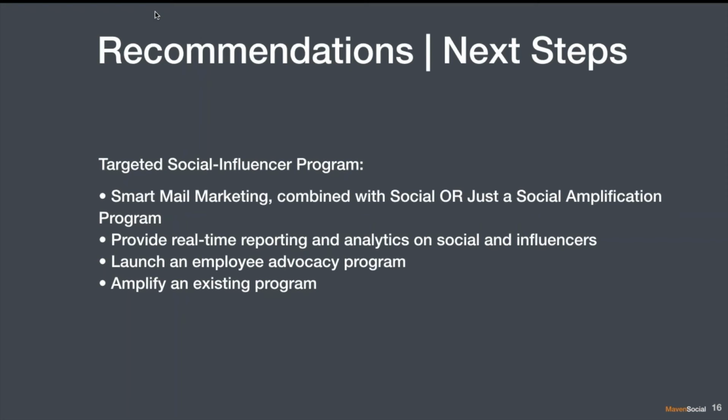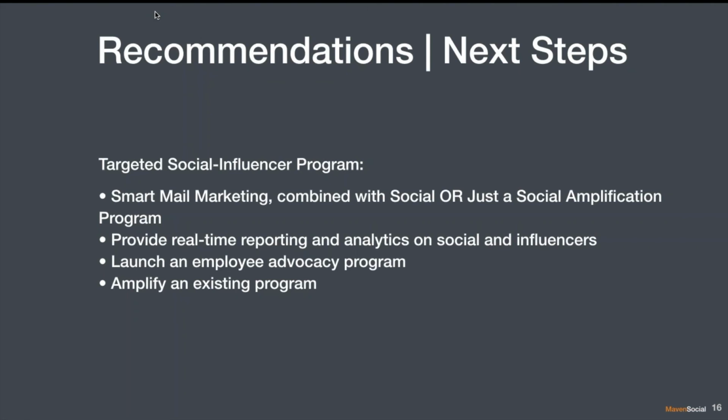We are then able to provide real-time reporting and analytics and social and influencers, launch an employee advocacy program, or amplify an existing program. One thing I want to mention in closing here on this particular part of our presentation is the following. It's really important to understand the ROI. And I know it's measured extensively on the DM side, but not as extensively on the social side, depending on the organization you are.